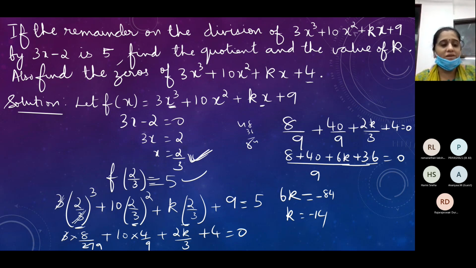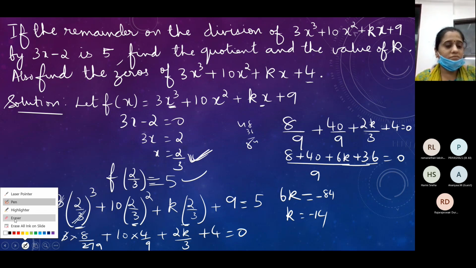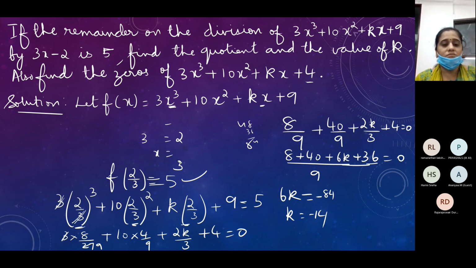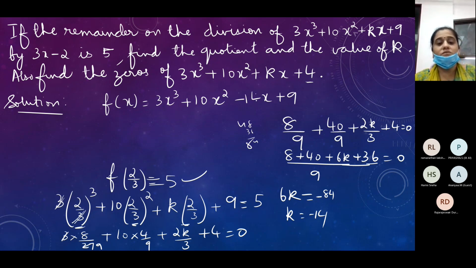All right, so k is minus 14. So f of x, therefore, f of x is equal to 3x cubed plus 10x squared minus 14x plus 9.